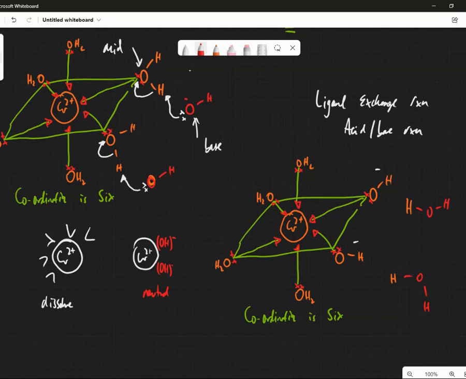And because it's now neutral, it cannot form ion dipoles with water. Copper ions are soluble because they can form ion dipole interactions with the water, but this guy here is neutral and no longer an ion, so it can't form ion dipoles with water. And because of that, it precipitates out as a blue precipitate.